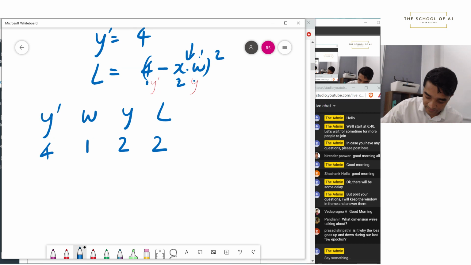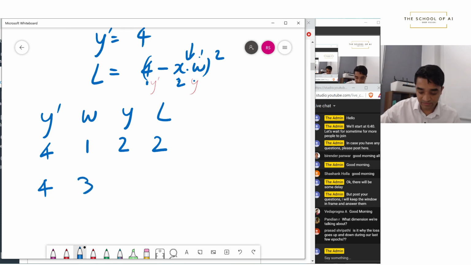Now second case, y dash is constant, so not a problem. Remember, we are going to get an update of x, because x is equal to 2, we are going to get a derivative of 2. So let's say we updated this by 2, so our w became 3. If w became 3, our loss is going to become, sorry, we have a square also. Okay, so loss is going to be what?